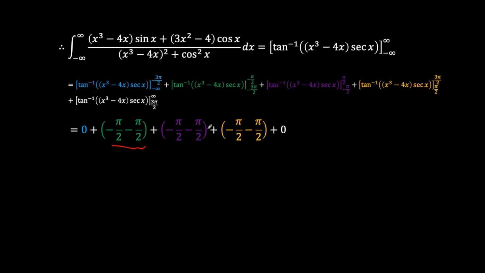At pi over 2, sorry, we have negative pi over 2. At negative pi over 2, we have positive pi over 2. So we have negative pi over 2 minus pi over 2. And then here as well, at 3 pi over 2, we have negative pi over 2, and at pi over 2, we have positive pi over 2. So negative pi over 2 minus pi over 2 is what we get.